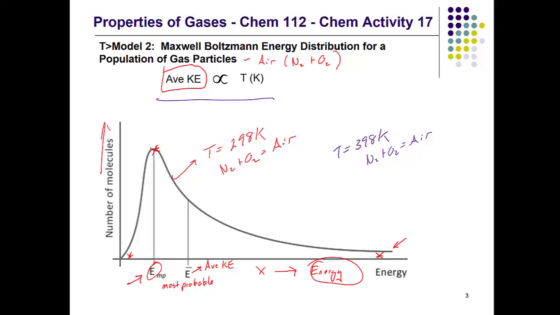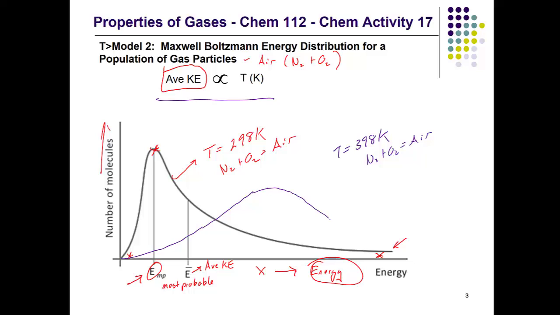And so what's going to happen is that this graph is going to spread out so that we have more particles that have more energy, but there's still going to be some particles that have practically no energy. So your graph is going to look something like the following.